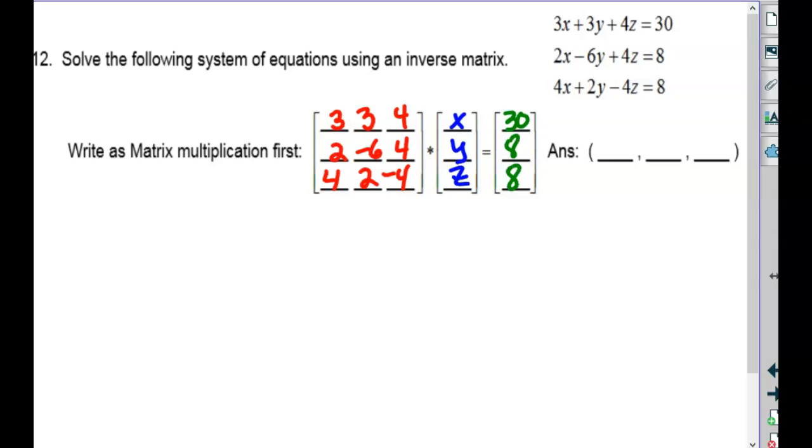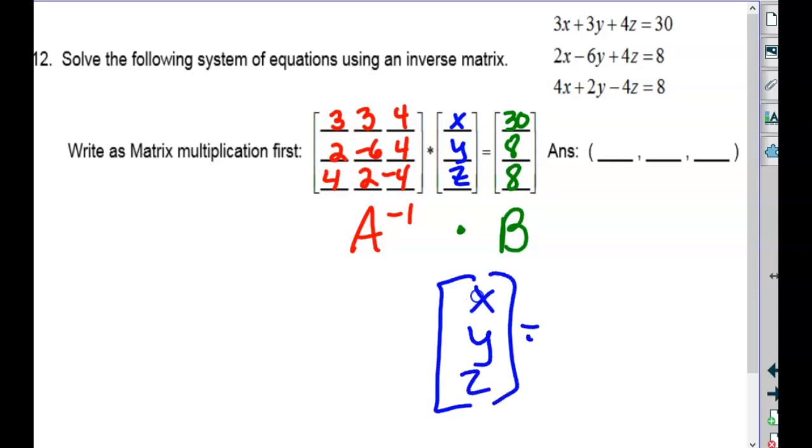Remember when we put this in A, and then we do times the inverse of this guy in B, what happens is it undoes each other, and you should get a matrix that looks like this with 3 numbers in it. Okay.